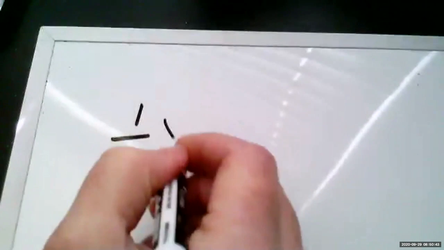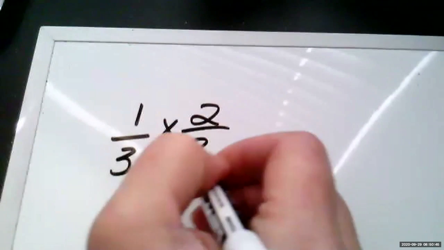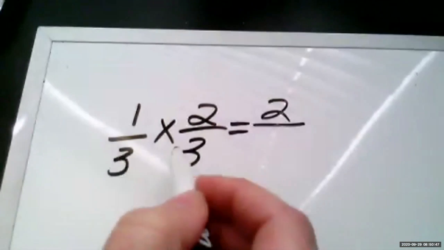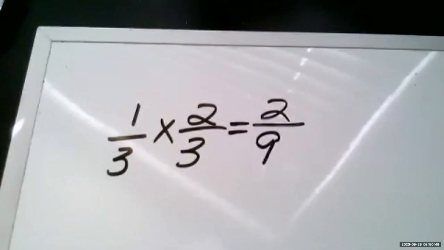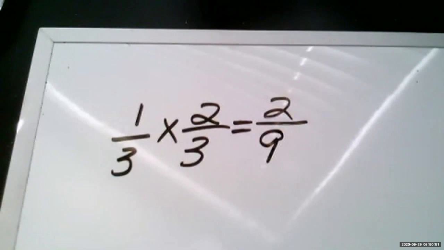And if you remember, if you multiply fractions, you simply take the top times the top and the bottom times the bottom to get your final answers. The reason that I'm going back over fractions as well is because we are now going to be getting into dividing with fractions.